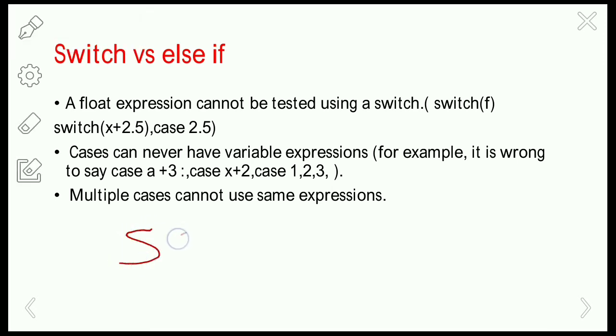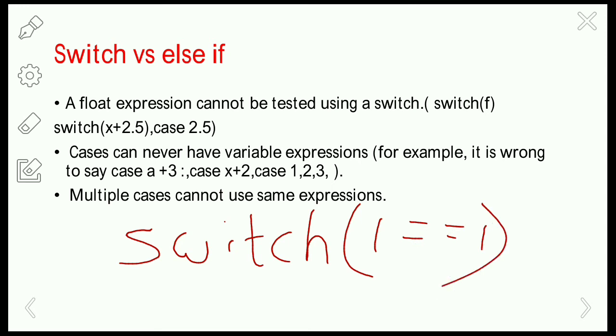Suppose here I am using switch of an expression that leads to a constant value. Suppose I am assigning 1 equals to 1. So 1 equals to 1 means this is true, right? So this expression is true, that leads to 1, which is a constant value.